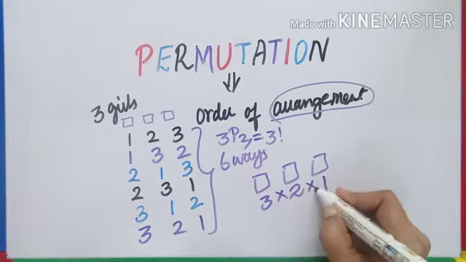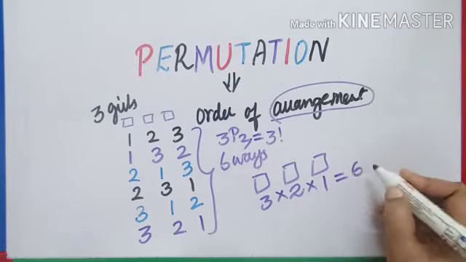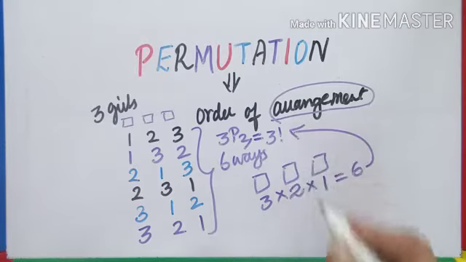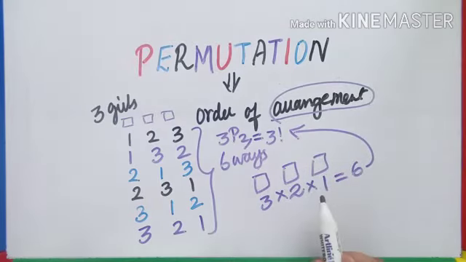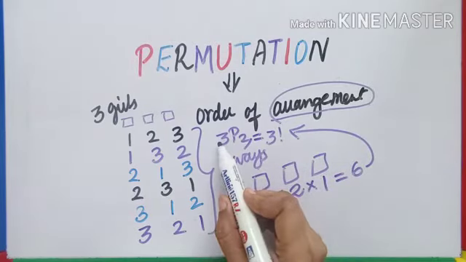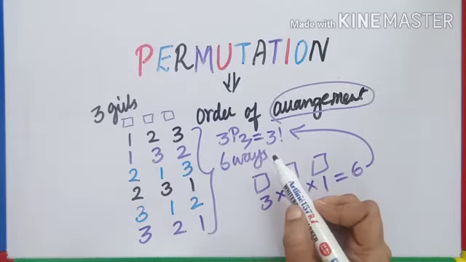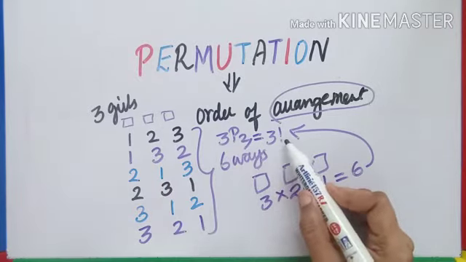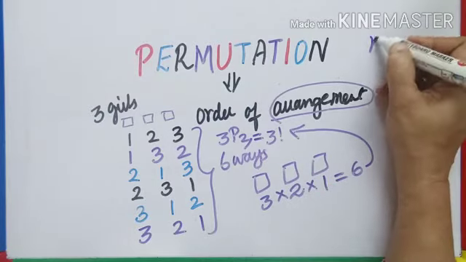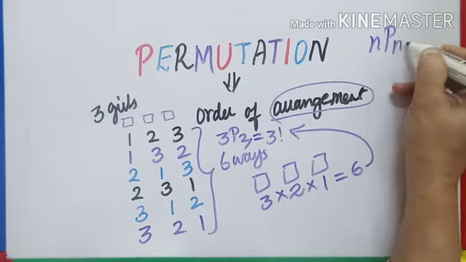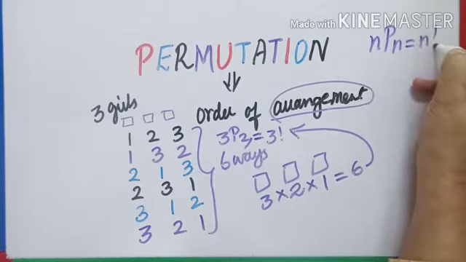So 3 into 2 into 1, that is 6, which can be written as 3 factorial. So remember, 3 places, 3 children in a row can be occupied in 3 factorial ways, or in general, NPN equals n factorial.